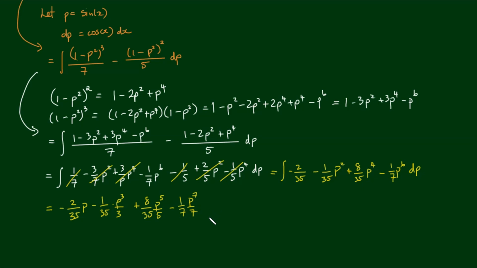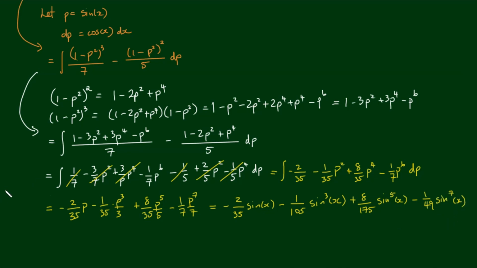And now with p equaling sine of x, we back substitute, so we've got negative 2 on 35 of the sine of x minus 1 on 105 times the sine cubed of x plus 8 on 175 times sine to the 5th power of x minus 1 on 49 times sine to the 7th power of x.